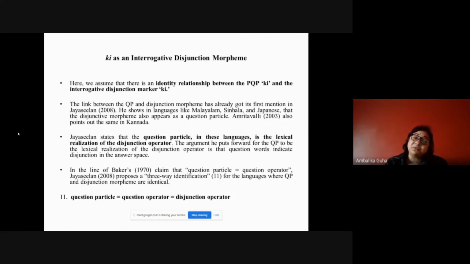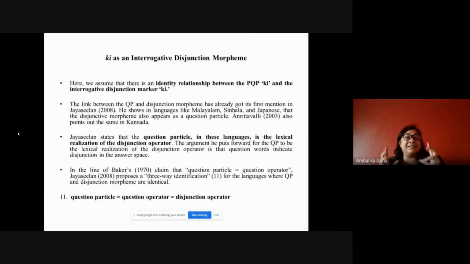Jayaseelan's argument was that every question, whether it's a WH question, a polar question, or an alternative question, has a disjunction operator. And the question particle is the lexical realization of that operator. So, for example, if we have a question like, who came to the party? The possible answers would be, John came to the party, or Tom, or Susan, or Mary, and it can just go on.